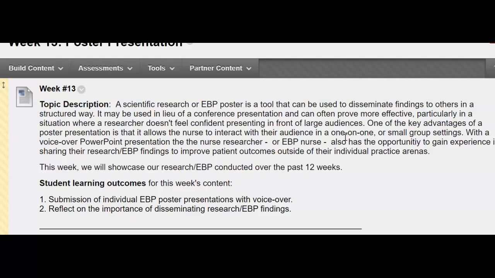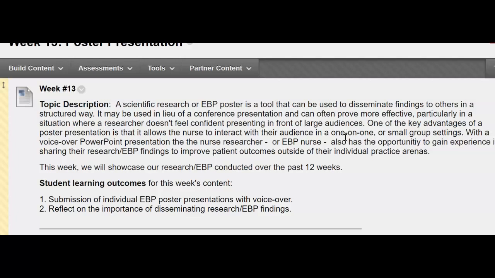And if a researcher or evidence-based practice nurse doesn't feel confident in presenting to large audiences, the poster presentation is a nice way to begin. So it really allows the nurse researcher or evidence-based practice nurse to interact with their audience in a one-on-one or a small group setting.